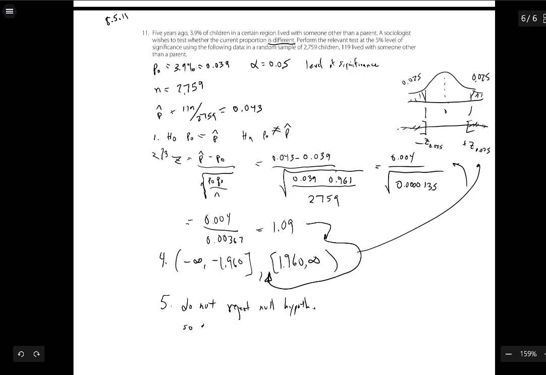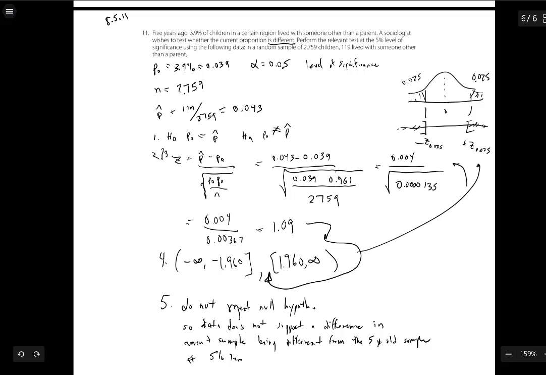So the data does not support a difference in the current sample being different from the 5-year-old sample at the 5% level of confidence.